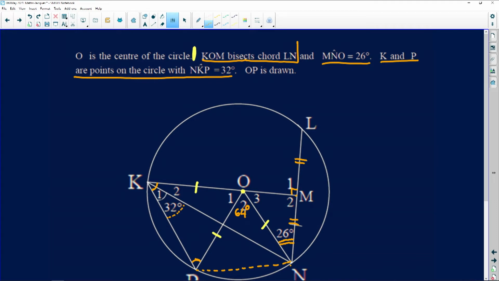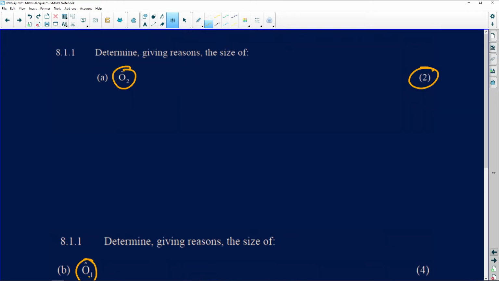Oh, we already know what happened at O2. It was double K1. So we can use that. The angle at the center was twice the angle on the circumference. So we start off, we say O2 is equal to twice K1.